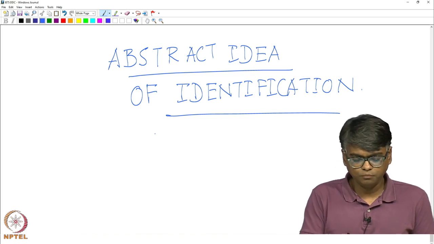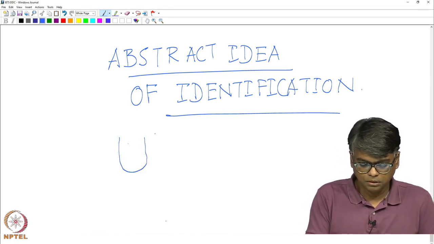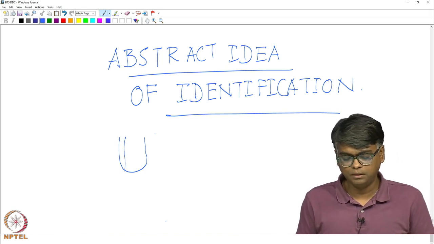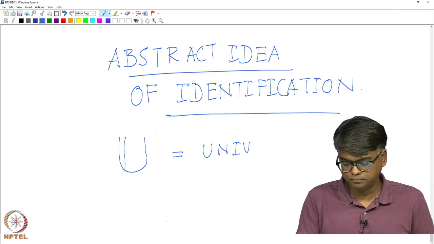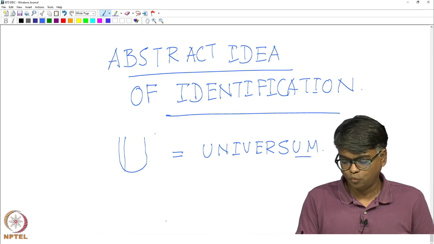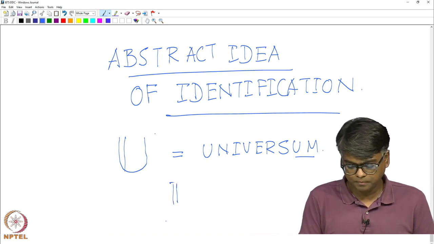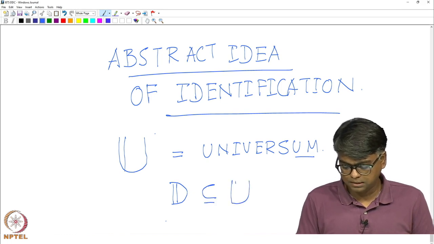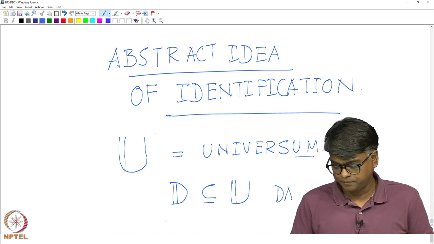So, like before, what we have is a universum, a collection of all possible outcomes of a certain phenomenon. Now, inside this universum we will have a data set, which is going to be a subset of all possible outcomes.